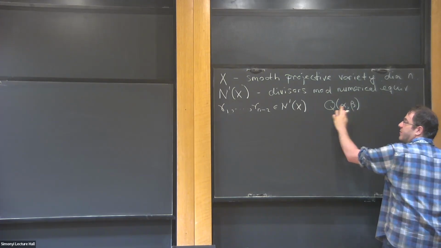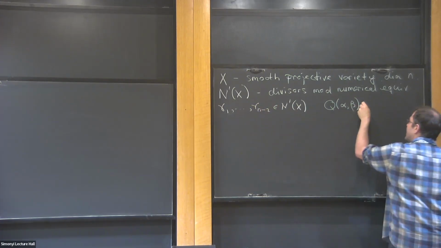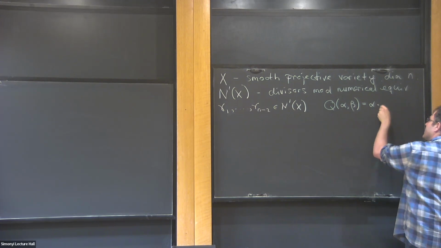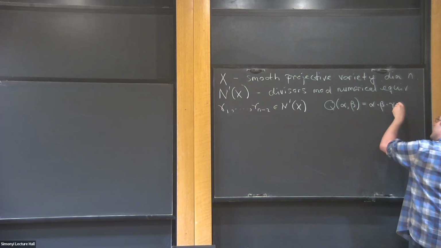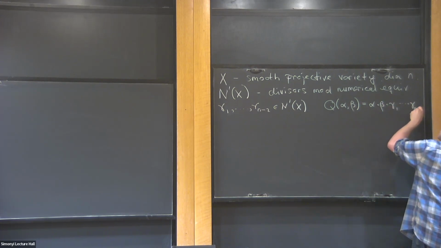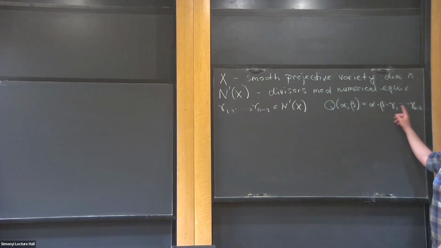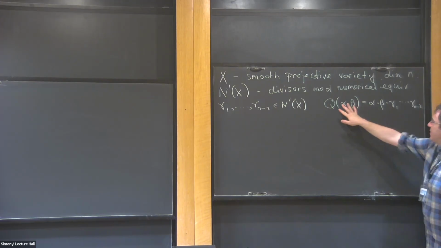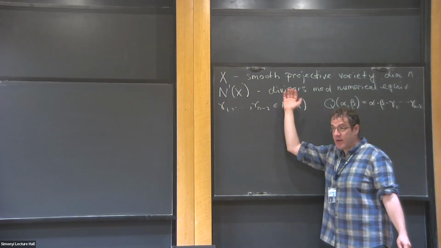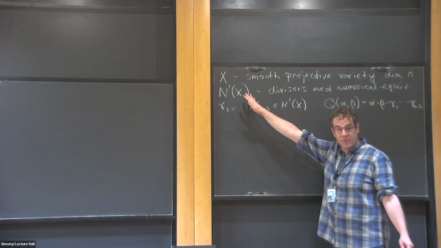The quadratic form of two divisor classes is just the intersection number of alpha, beta, gamma_1, through gamma_{n-2}. This is an intersection product of n divisors, so it's just a real number. So this defines a real quadratic form on this finite dimensional vector space.